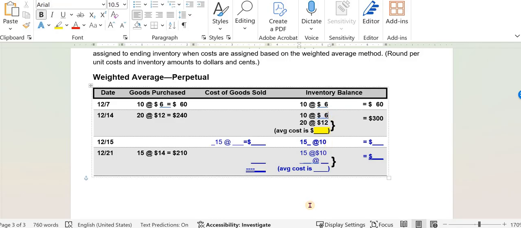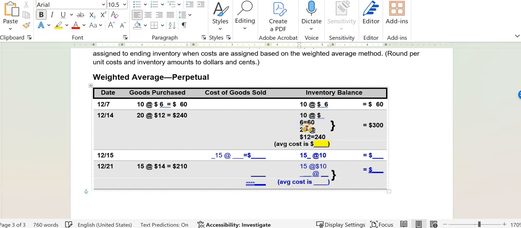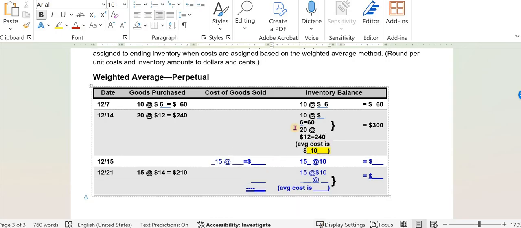So 10 times 6 equals 60. 20 times 12 equals 240. So I've got to take 60 plus 240 is 300 and divide it by 30 units. My average is $10.